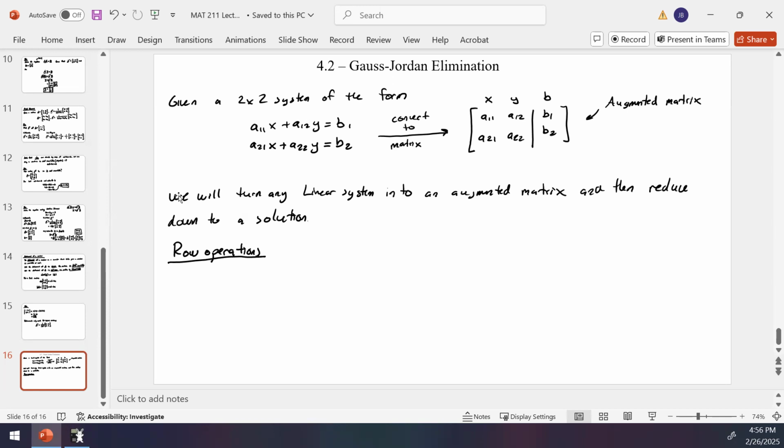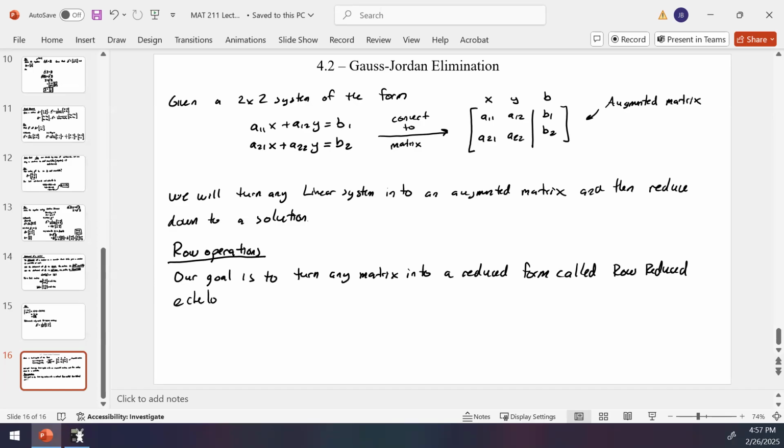So effectively, we have a goal. Our goal is to turn any matrix into a reduced form called row reduced echelon form, which is abbreviated as RREF.